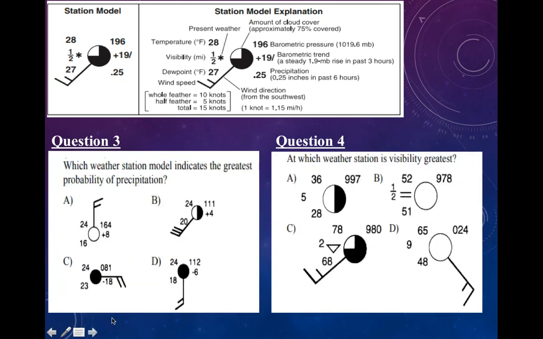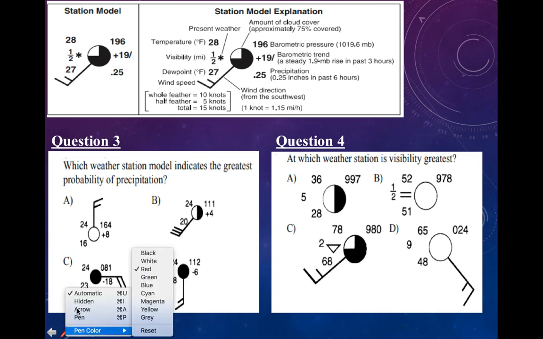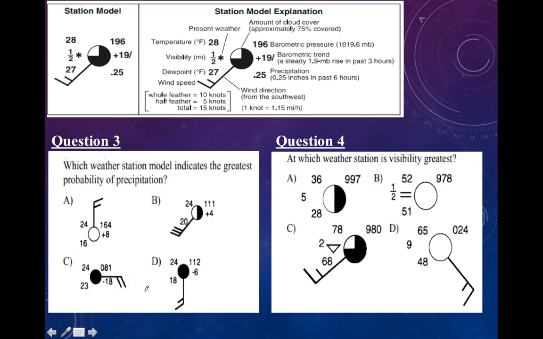Next up, let's go to question 3. All right, I'm just trying to show you all the ways to do this. Which weather station model indicates the greatest probability of precipitation? Now, they didn't give you any present weather symbols here. So when they ask you for the greatest possibility of precipitation, again, you're going to compare the temperature and the dew point. The closer they are together, the more likely you are to get some kind of precipitation falling from the sky.